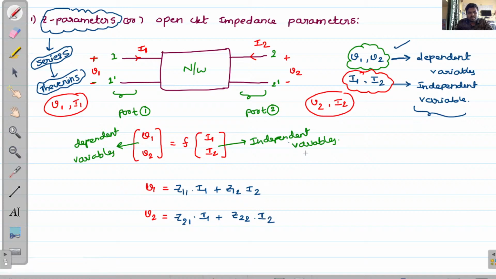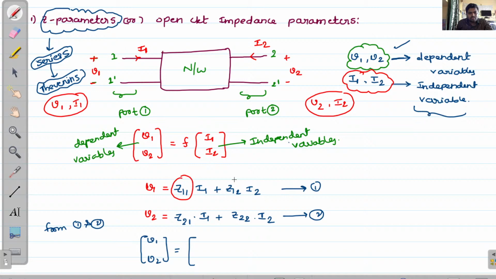So these are the Z parameters. This is equation number 1 and this one is equation number 2. From 1 and 2, we can make a matrix form, that is V1, V2 equals, so these all are Z parameters: Z11, Z12, Z21 and Z22.